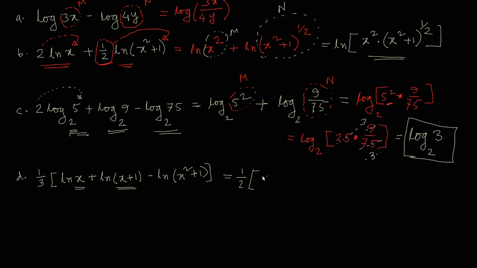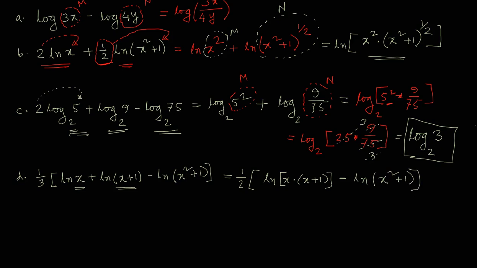So I can write natural logarithm of x multiplied by x plus 1. Okay, so this is my first quantity. Then what I have, minus natural logarithm of the same thing, x square plus 1. I am not changing anything.